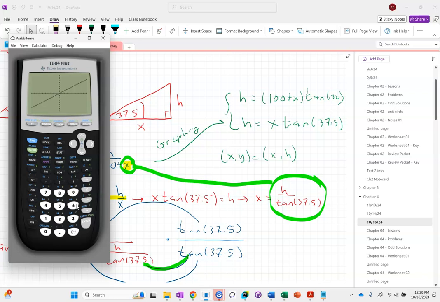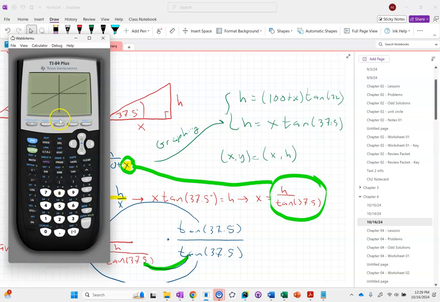Mr. Kulik, what happened? This doesn't look right. I only got one curve. Where's the other one? I don't see any intersection. Did I do something wrong? No, nothing is wrong. You just picked a lousy window. If we're graphing over the standard window, x is going from -10 to 10, and y is going from -10 to 10.